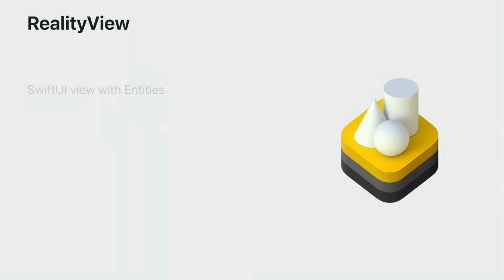Currently, our volume renders the 3D model of the Earth, but you might want to start adding more content and different behaviors. In order to do this, you can adopt Reality View as part of your app. Reality View is a new view that can be added to your scene, allowing for any number of entities to be managed directly within SwiftUI.